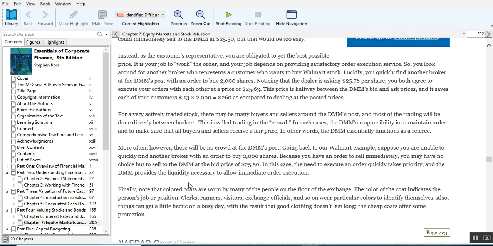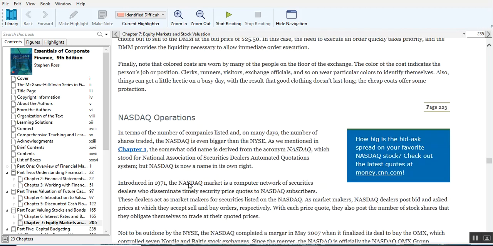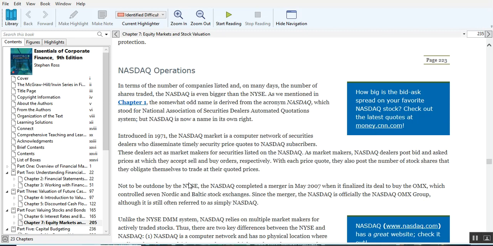Very interesting stuff. The NASDAQ operations are a little different, well, a lot different actually from the New York Stock Exchange, simply because they don't have a physical location. The NASDAQ used to be known typically as over-the-counter stocks. The National Association of Securities Dealers Automated Quotation System, NASDAQ, is basically what NASDAQ stands for.